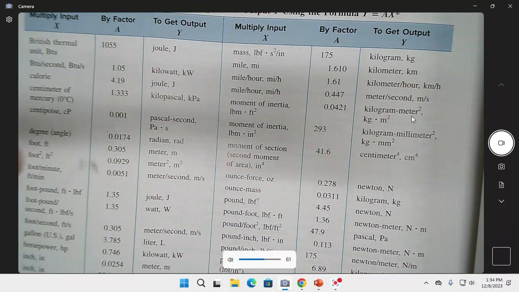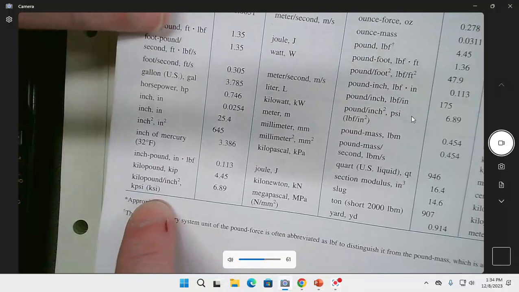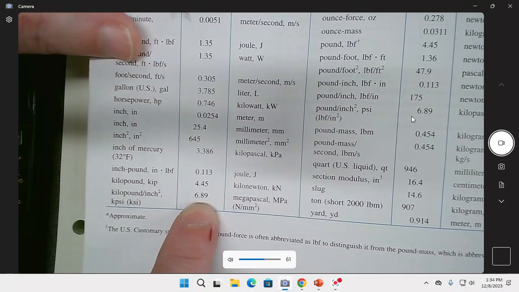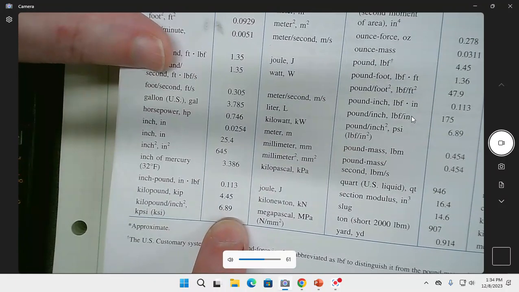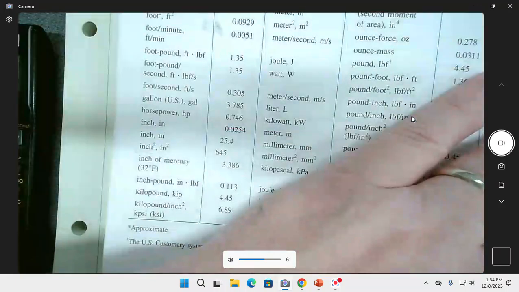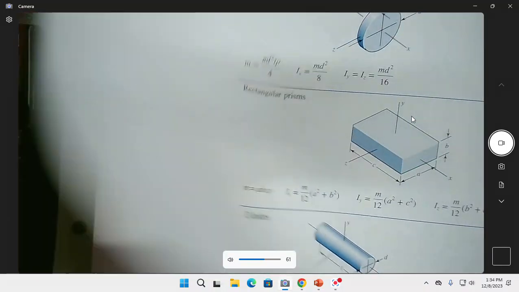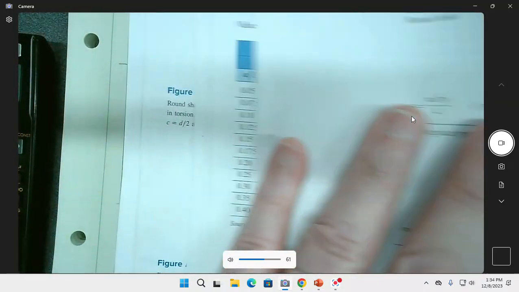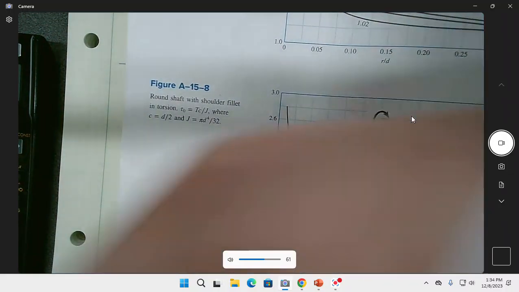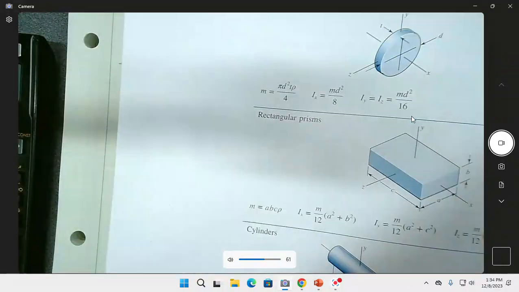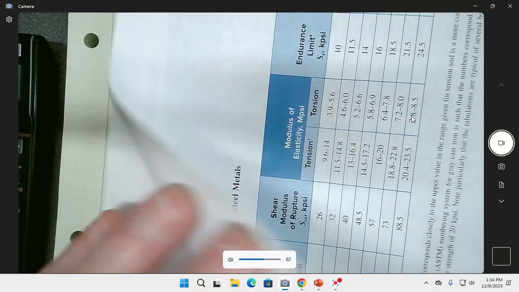So where are you at? Where is it? No, wait. Oh, here you go. KSI into megapascal, 6.89. So you multiply by 6.89. So we'll go to table A24. Let's just pick out the largest one. Oh, I should have picked out the largest one to start with. I'm just fumbling right now, so excuse me as I get my head back on.